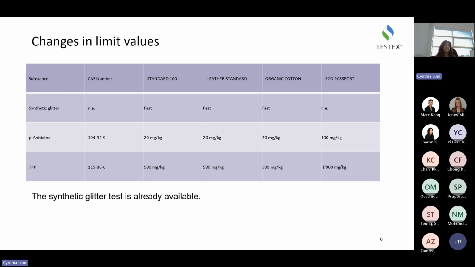If during the test any glitter comes out up to a certain level, it will show a failed test. So this is in relation to microplastics. Para-anisidine will be included in the azo test, and TPP is part of other chemical residues.